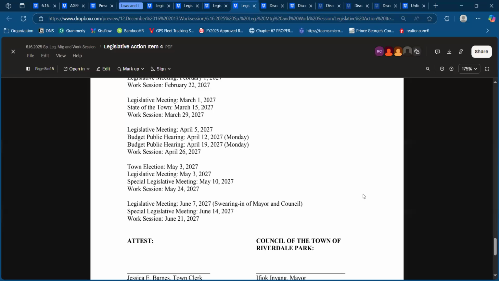Yes, I would like to amend my motion to include a starting time at 7 p.m. Okay, thank you. Is there a second to that motion? Second. Motion by Councilmember Foe as amended and second by Councilmember Smith.